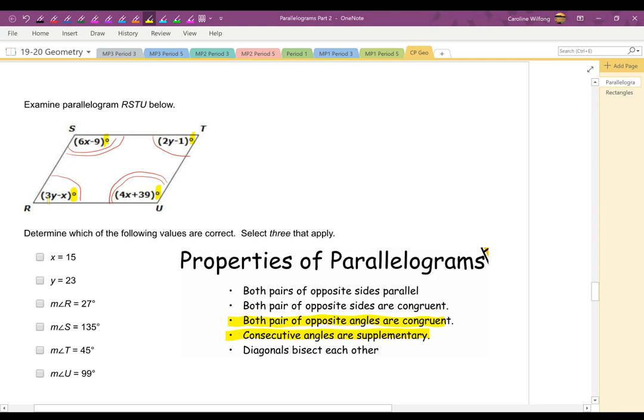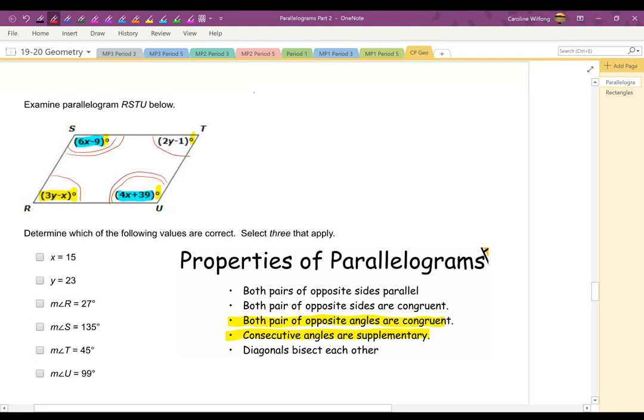Do I want to work with angle R, whose measure they give me has 2 variables in it? Or do I want to look around and find some angles that just have 1 variable that's the same? So I'm going to go for angle S and angle U because angle S and angle U both have a variable that's the same in them and no extra variables.